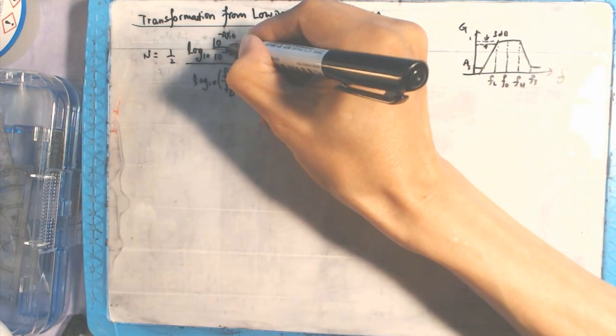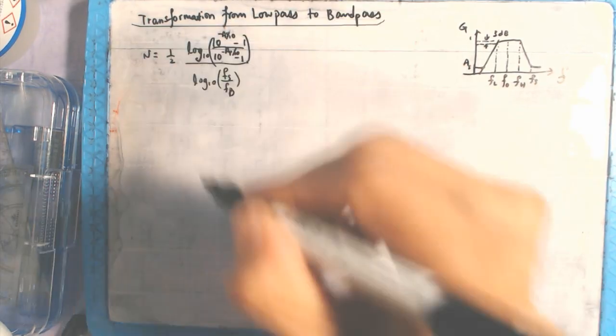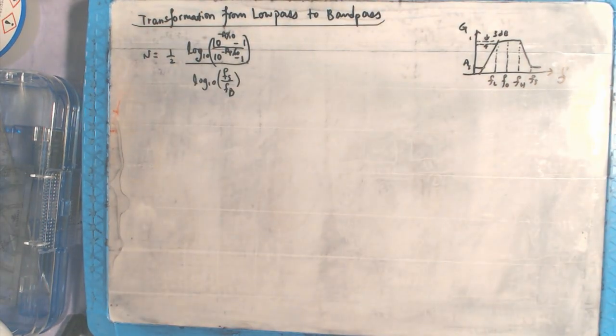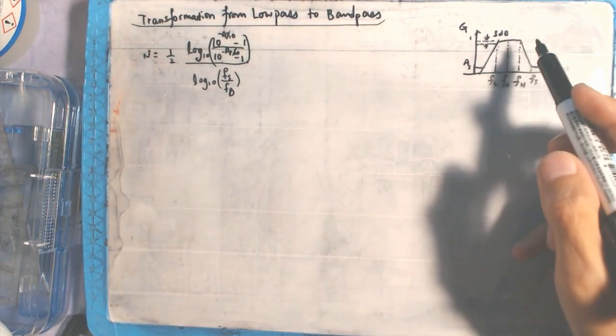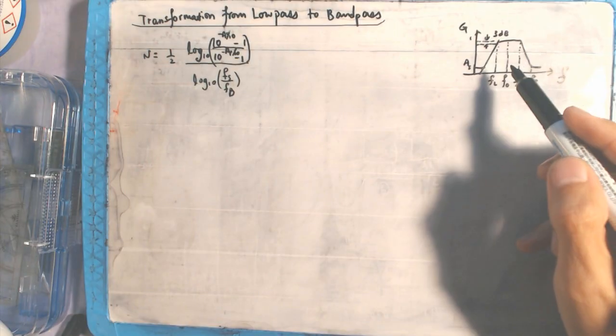So this is the kind of formula that you can use to determine the order of the filter required to fulfill the specifications. But the question is, you are in a position of designing a bandpass filter. You also need to know the order of the filter.